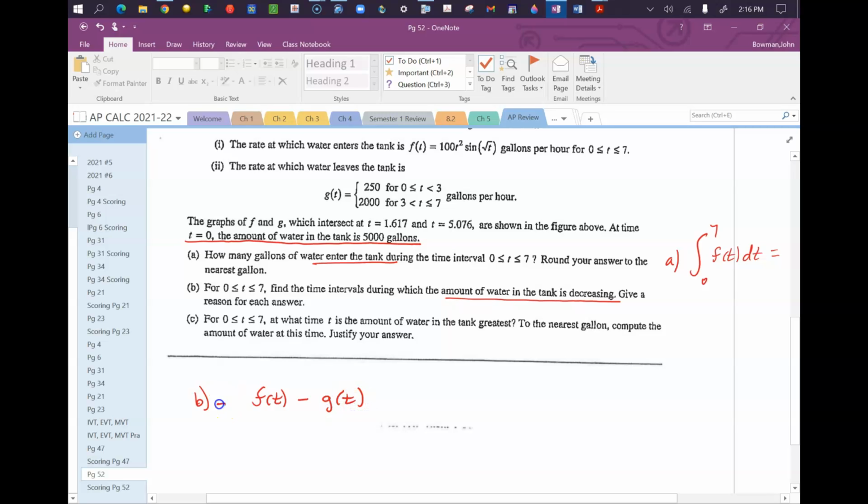So if f of t minus g of t is less than 0, then the amount of water in the tank is decreasing.